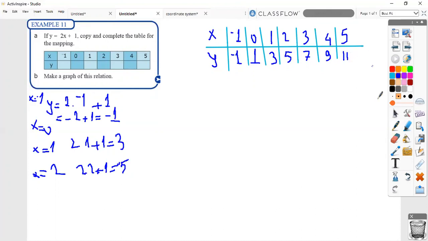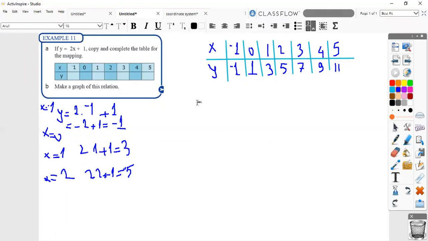The points are: -1 and -1, 0 and 1, 1 and 3, 2 and 5, 3 and 7, and 4 and 9. I am not going to write the last one. These are enough for us.